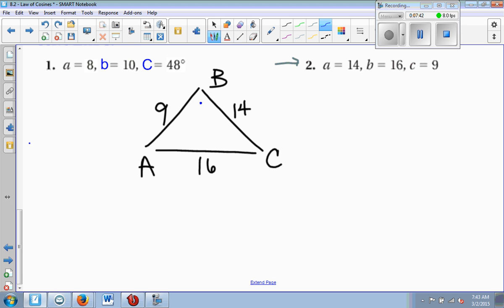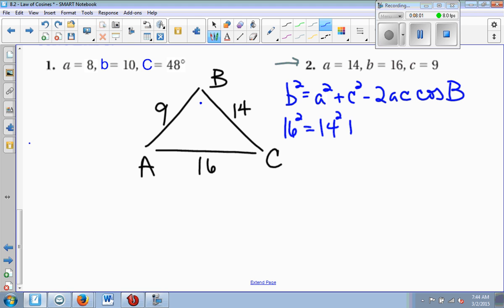Since I'm going to find angle B first, I'm going to use the formula that starts off as b squared equals. Because if I need to find angle B, I would want the formula that has angle B as a part of it. So I'm going to start plugging in everything. 16 squared, we've got 14 squared and 9 squared, minus 2 times 14 times 9, and then cosine of B.